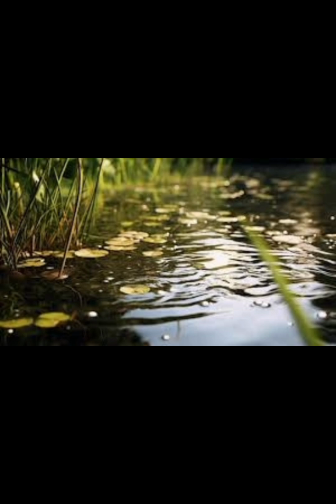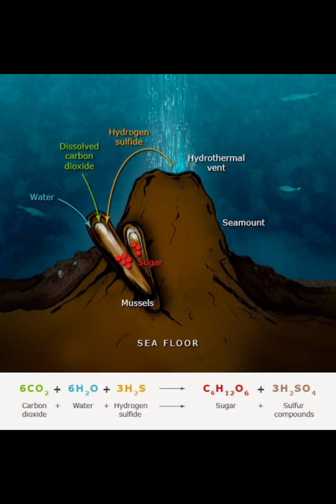For example, some deep water sponges or corals live in symbiosis with bacteria that can produce food through chemosynthesis. The bacteria live within the organism and provide it with nutrients, allowing it to thrive in environments where light is scarce.